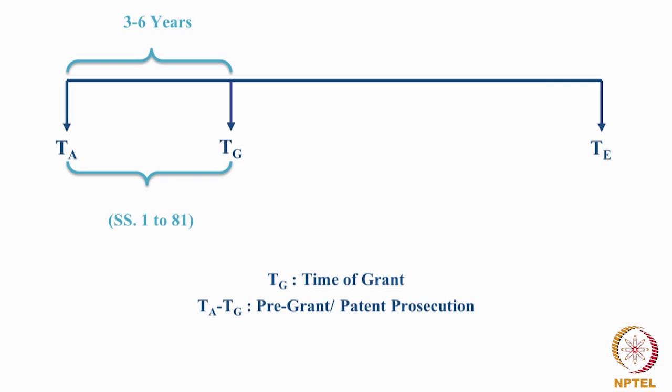So, it is not just the time for the grant, but also certain events that can happen immediately upon the grant or soon after the grant. If you need to draw a line demarcating the patent office's functions, then it will be around section 81. So, anything from section 1 to section 81 are events that happen at the patent office up until the grant or soon after the grant.